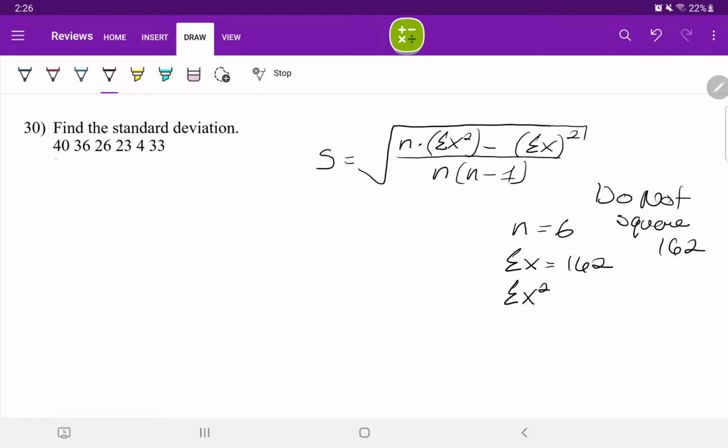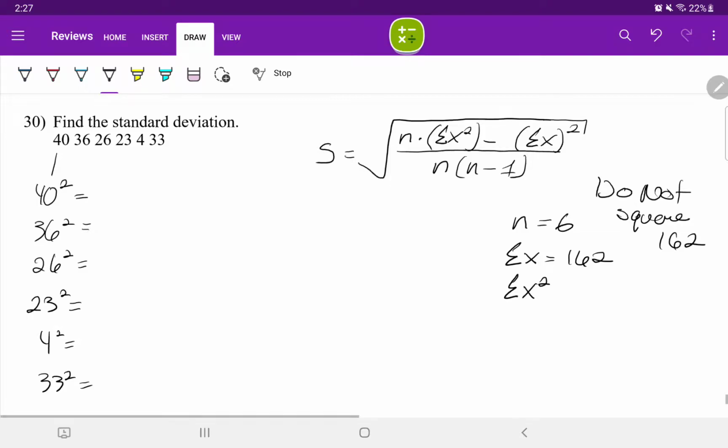So that's going to be 40 squared, 36 squared, 26 squared, 23 squared, 4 squared, 33 squared. Square the data values first, then add them together.